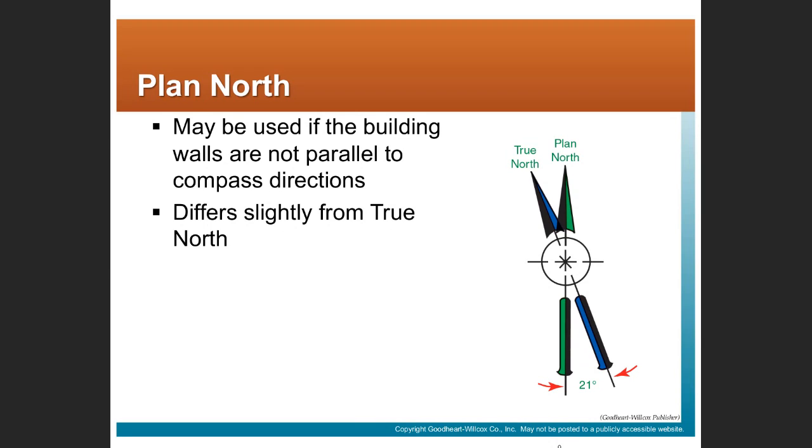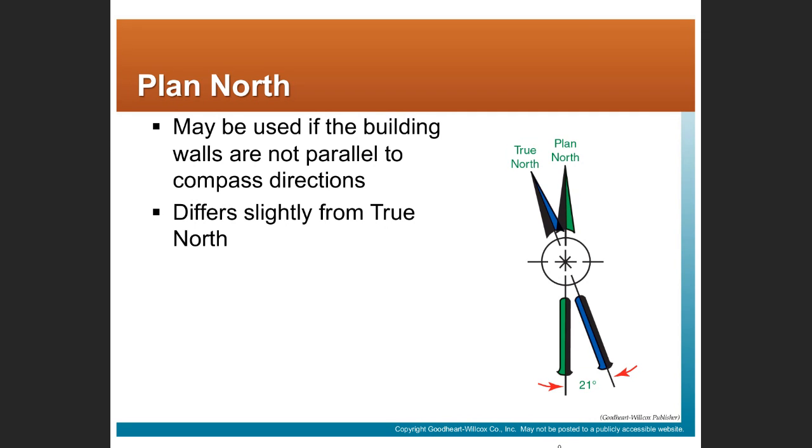However, if you're building on a parcel of land that might be not on a grid that's oriented north and south, then you might see a designation of plan north. And then somewhere it's going to show how plan north relates to true north.